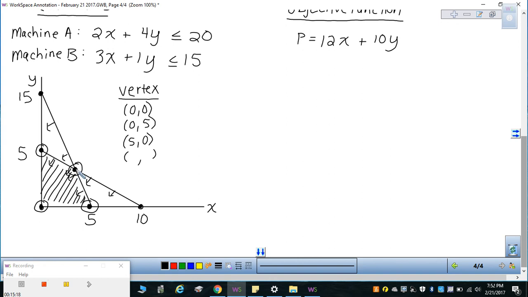We will need to solve the system of equations for these 2 intersecting lines. So I'm going to show that work off to the side over here. The system of equations will be based on the boundary line equations coming from the constraint inequalities.